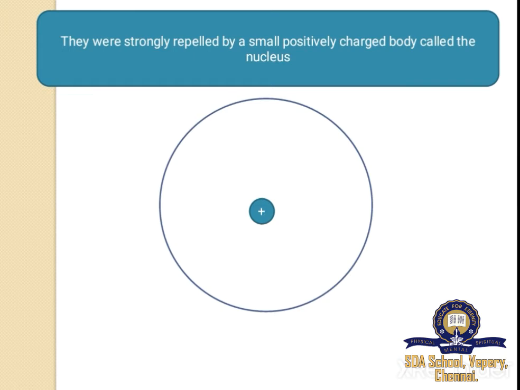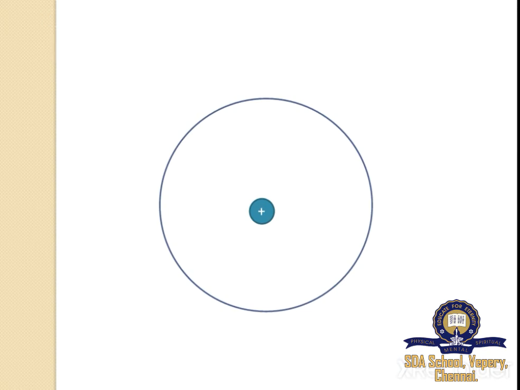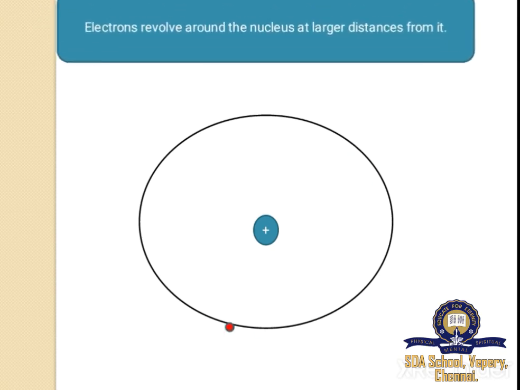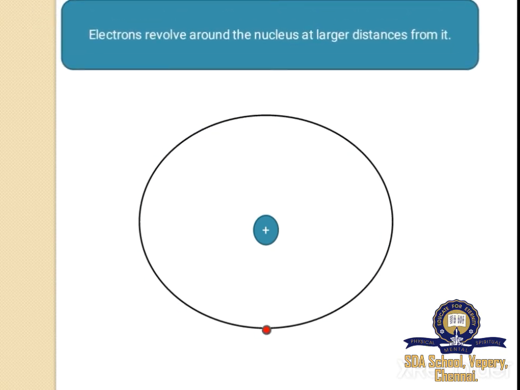This positive center is named the nucleus. Rutherford finally said that electrons present in an atom revolve around the nucleus at a larger distance from it.